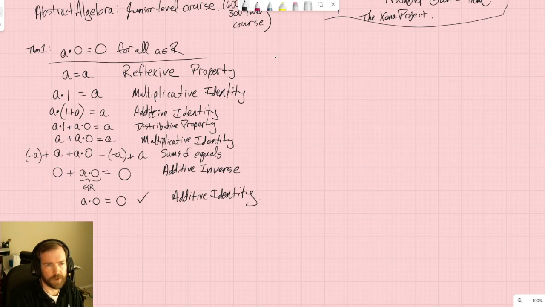So the first group of things that we were talking about, we were saying, okay, let's prove that a times 0 is equal to 0 for all real numbers a. Then we can start with this equation, a equals a. That's the reflexive property, so it's by the definition of equality that we can then say that a times 1 is equal to a by multiplicative identity.